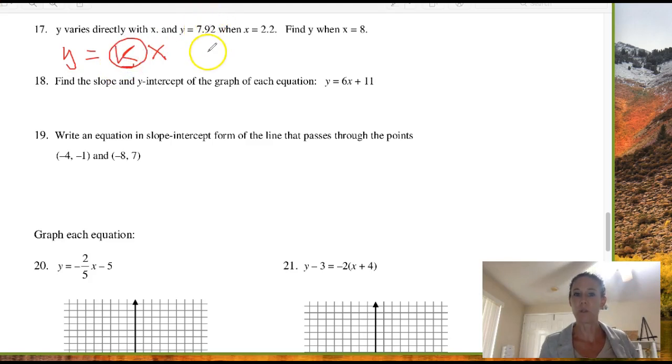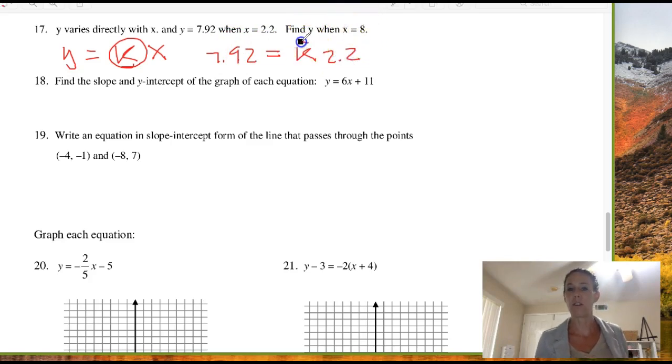They tell us y is 7.92, and then x is 2.2. So I'm going to plug in y and x and figure out what that constant is, or what the slope is. So 7.92 equals something times 2.2. Now we have to find y when x is 8. Well, let's figure out what this constant is, and then I can.